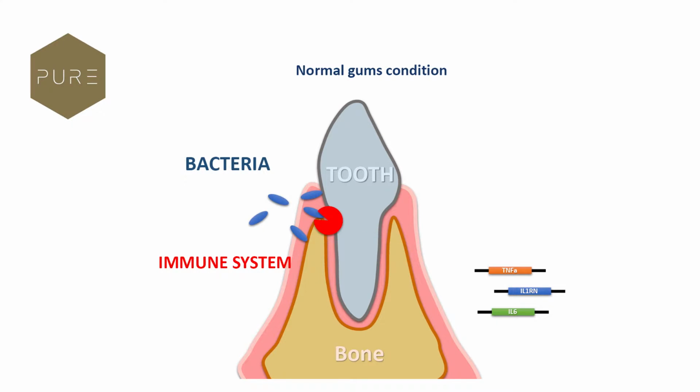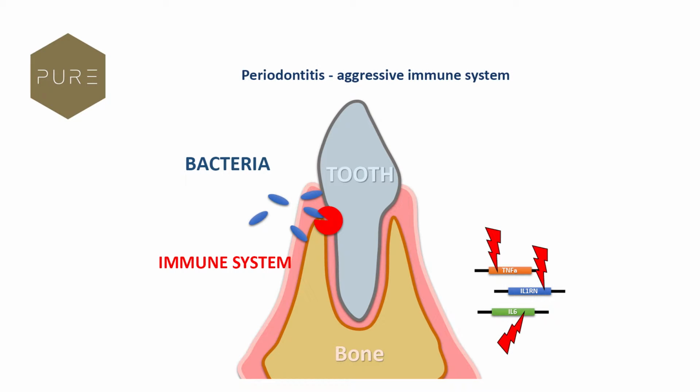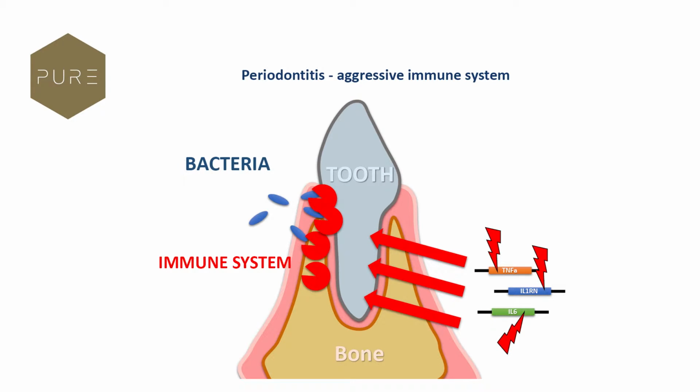However, in periodontitis, it's again the immune system that is causing the problems. So genetic variations in these genes make the immune system too aggressive. So while the bacteria invasion into the tissue is moderate, the immune system starts to counterattack much too aggressively.